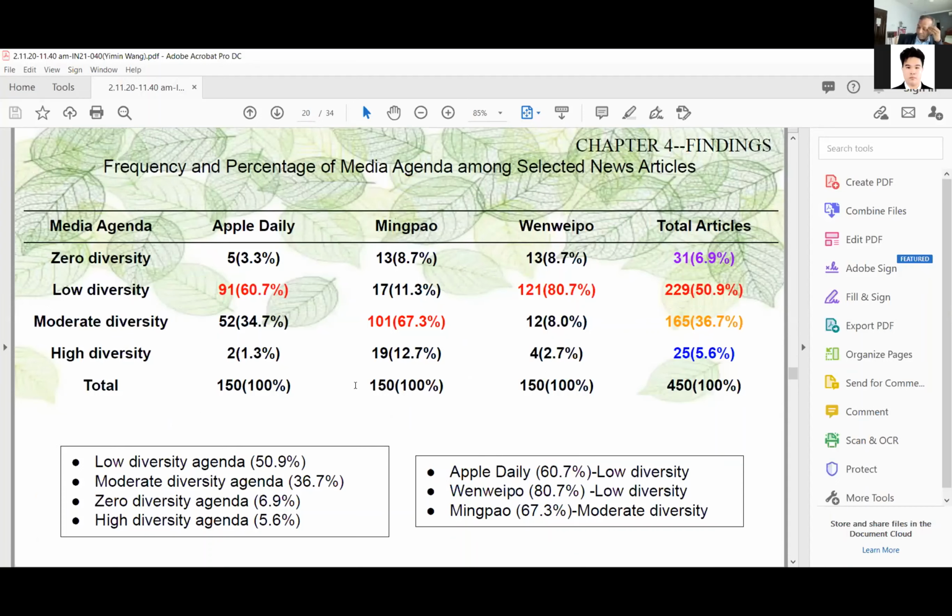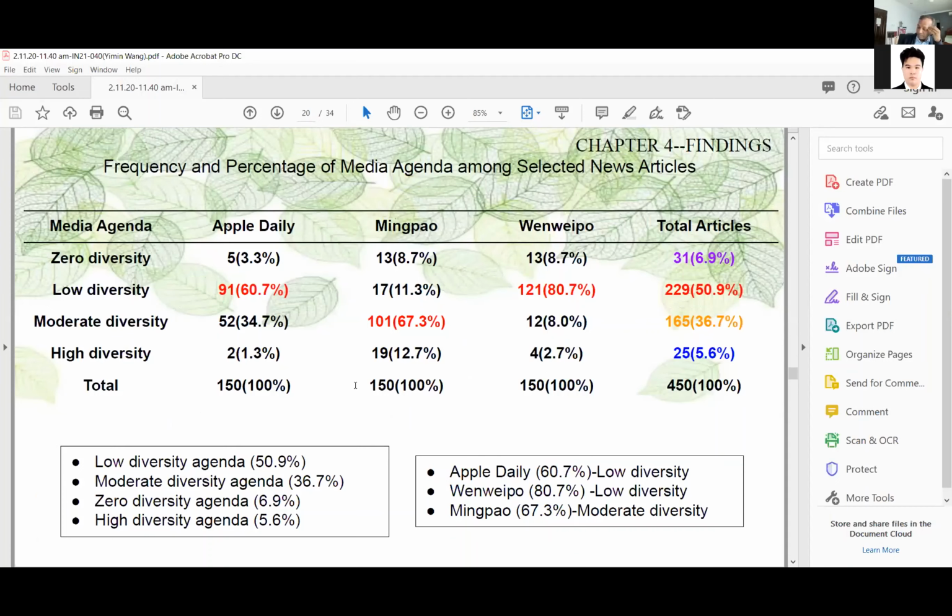The research materials are words, sentences, pictures, topics, and words from their news websites, and the timeline is certain landmark political events. We chose 3 newspapers and a total of 450 articles. From these articles, we collected the material.